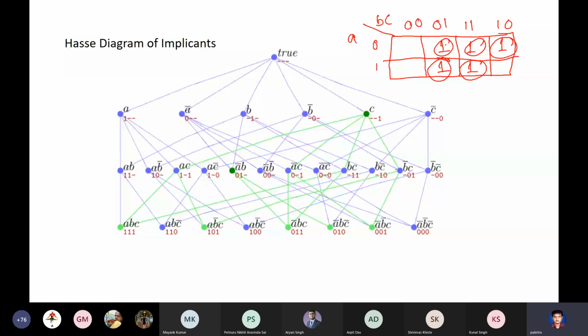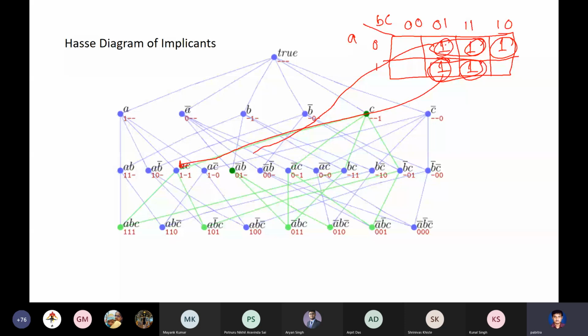So what is AC? Can you mark what cube is AC in this Carnot map? So this is my AC. So this corresponds to this. Similarly, what is A bar B? A bar B is this. So this corresponds to this thing in my Carnot map, this thing in my Hasse diagram.